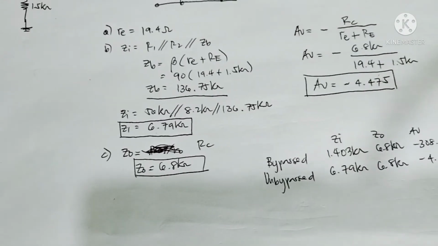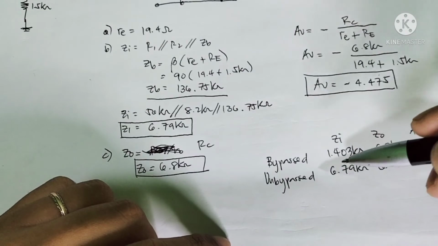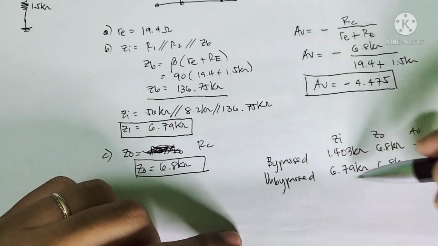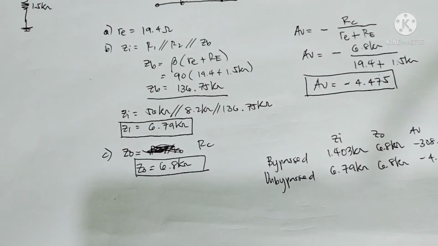But the voltage gain is reduced in the unbypassed voltage divider. So the unbypassed has greater input impedance but smaller voltage gain.